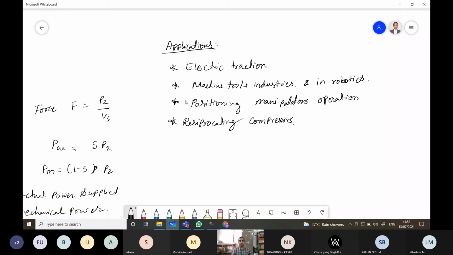So these are some of the brief applications of linear induction motor.